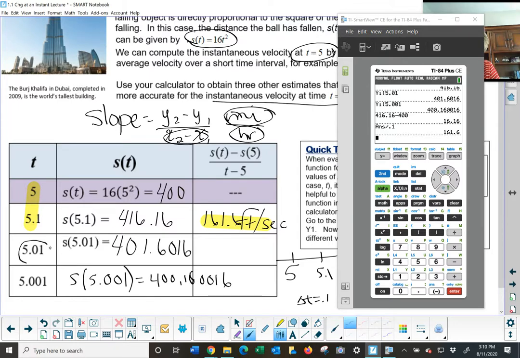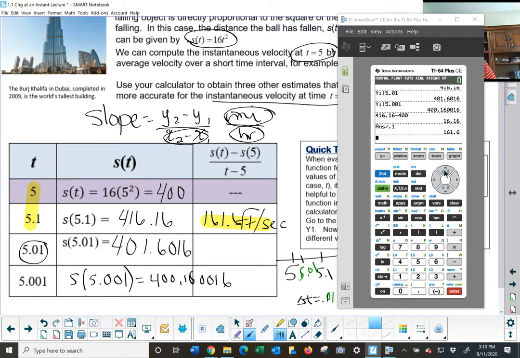What if I went to 5.01? Okay, 5.01 gets closer to 5, doesn't it? Now my change of time has decreased to 1/100th of a time frame.